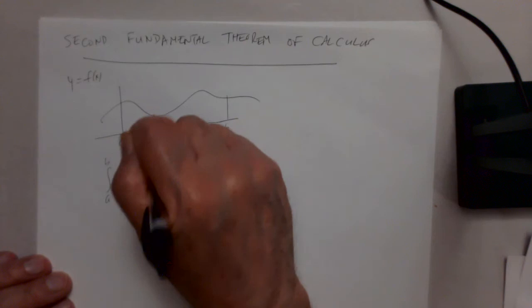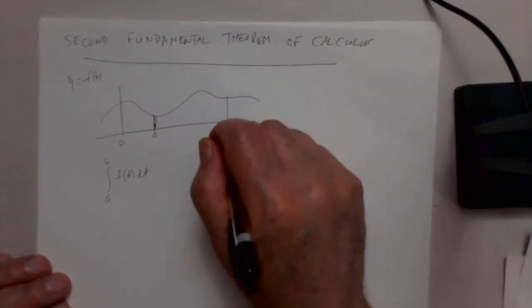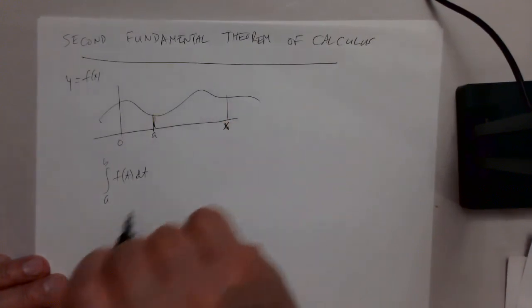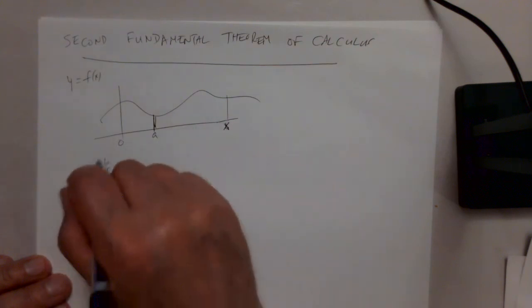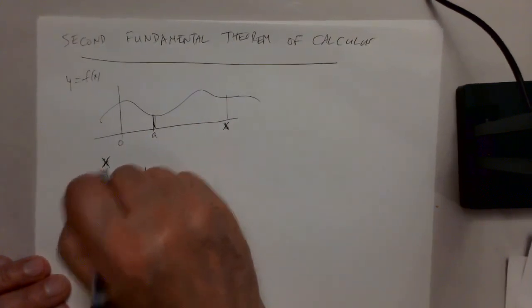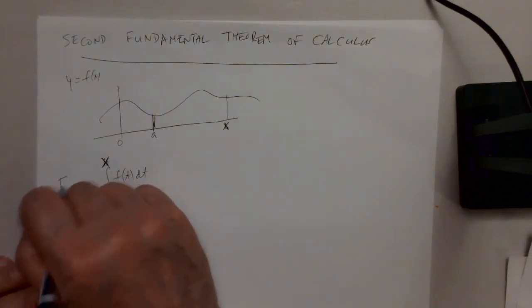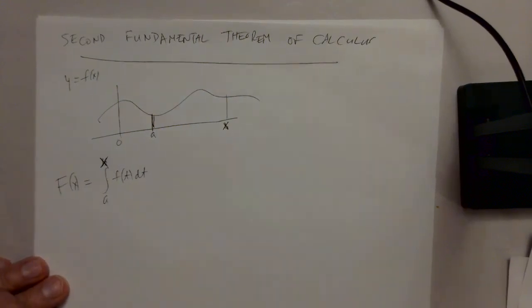And suppose we keep this a fixed, but we let b vary. So instead of calling this b, just to emphasize the fact that it can vary, I fix a, I take a number x, and I look at the integral from a to x. And I call that function capital F of x. This is a function of x.